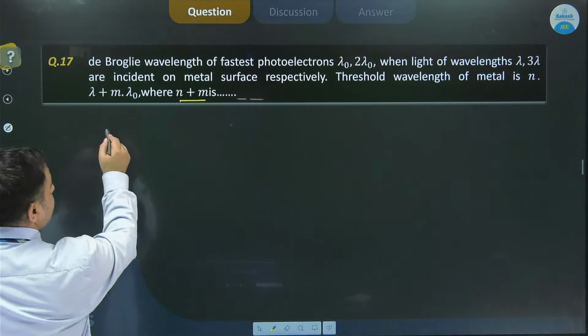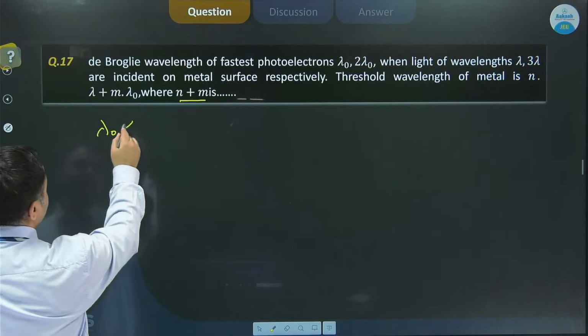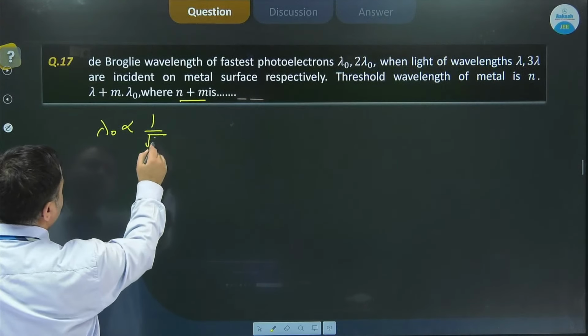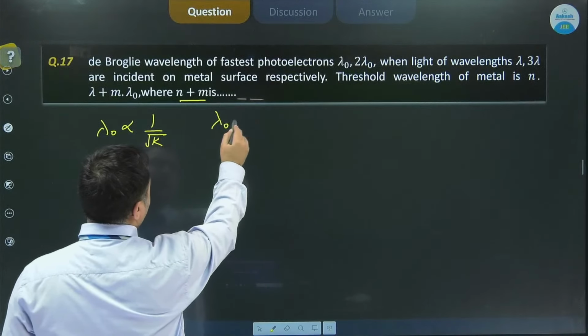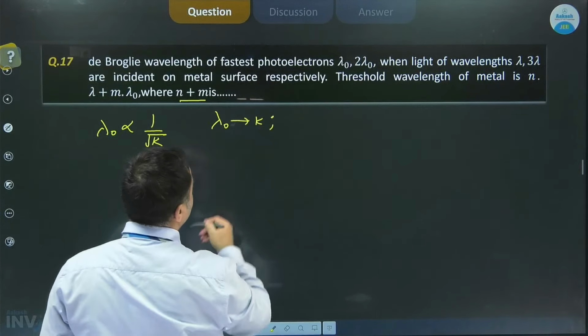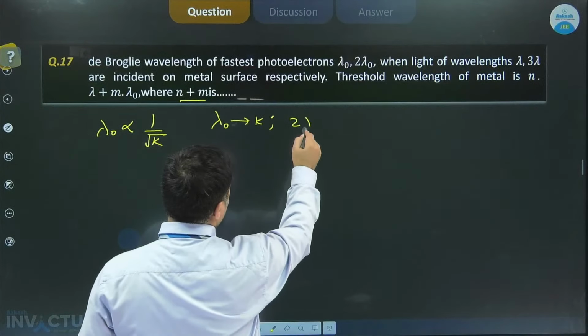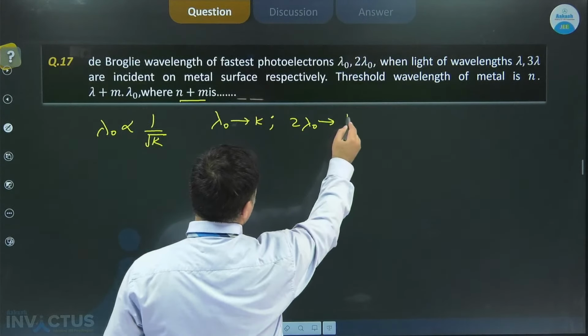The de Broglie wavelength is inversely proportional to the root of kinetic energy. So if the kinetic energy for lambda naught is k, then for 2 lambda naught the kinetic energy should be k by 4.